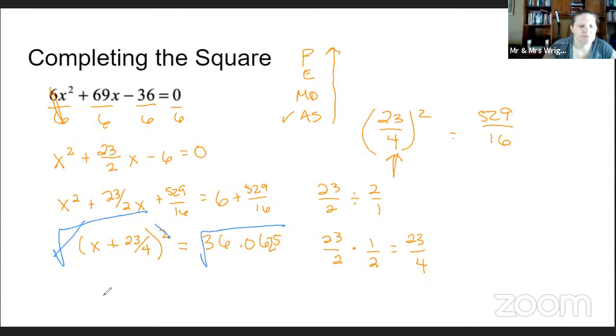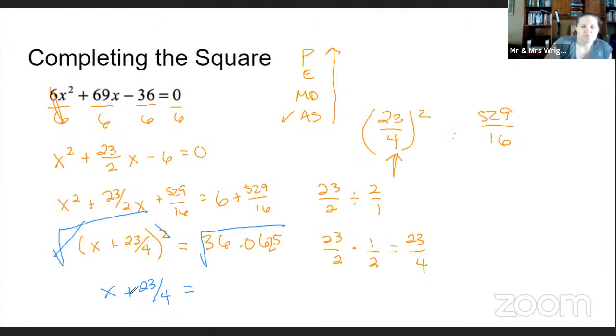Square root it. x plus 23 over 4 equals, that's not going to be a perfect root, but let's just double check. The square root of 36.0625, yeah, it's an irrational number.